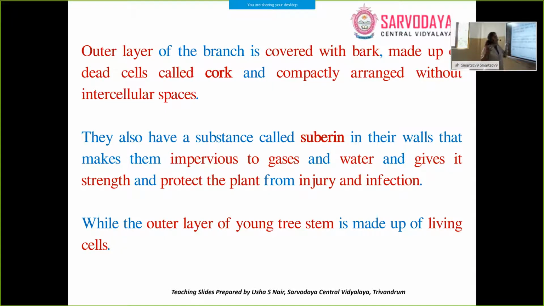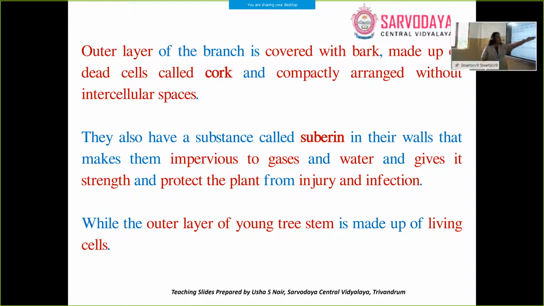So the plant has matured. The bark is made up of dead cells called cork. The arrangement here is also compact, without any intercellular spaces.